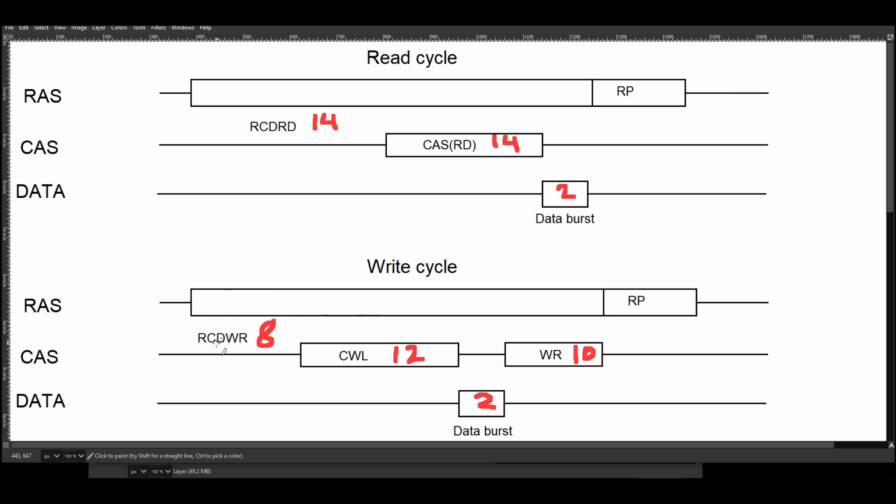So in theory, our read cycle would actually be shorter here because we'd have, what is this, 32 cycles here, and then this would be 30 cycles when this read cycle finishes.